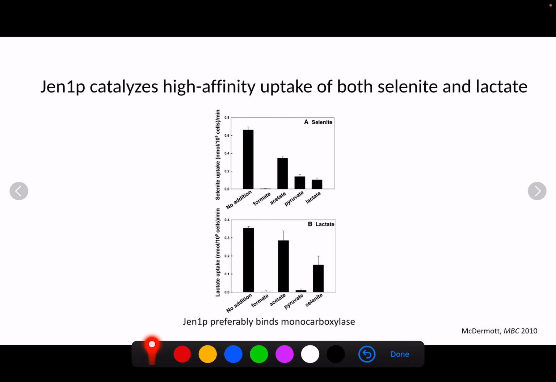So it seems like this one single enzyme can participate in transporting many things.